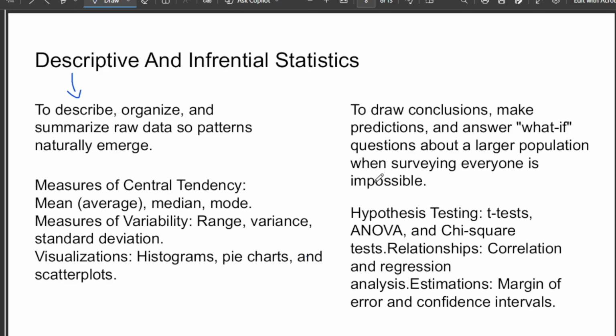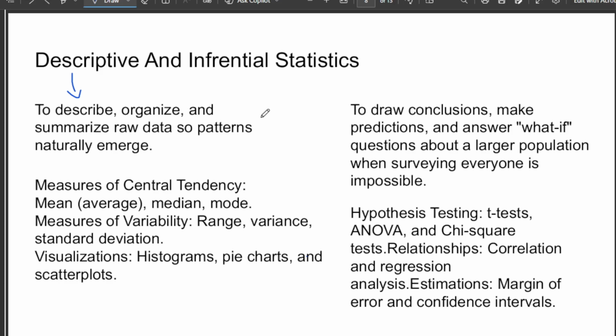An example of descriptive and inferential statistics is, let's say we're trying to measure the GPA scores of students. Let's say in a school we have 50,000 students, but we're going to measure a specific class in it.